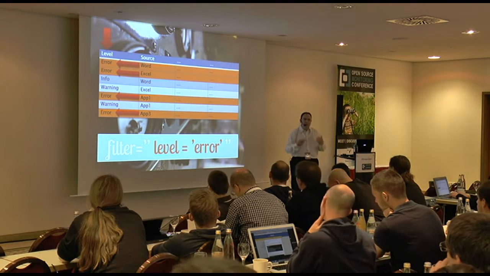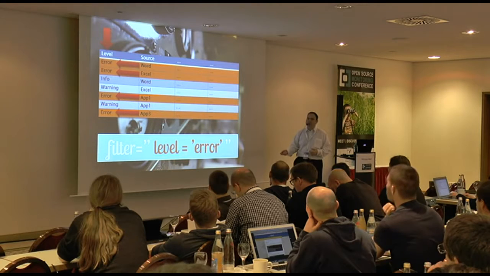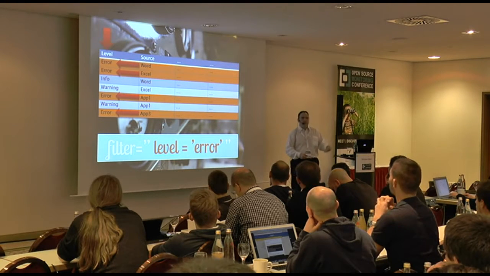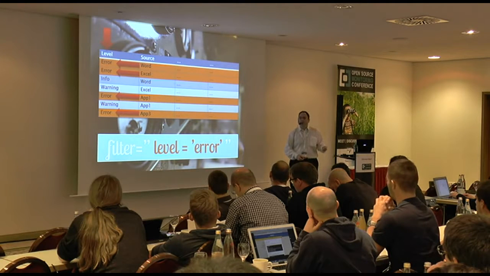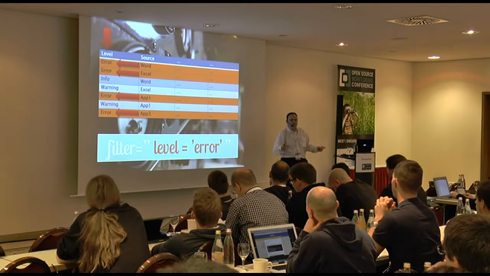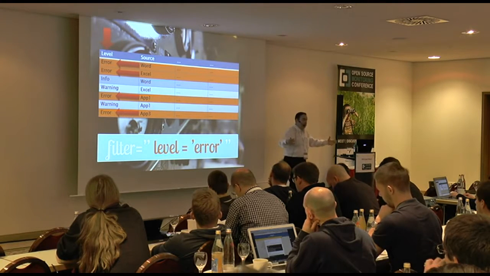And I think even if you went to your grandmother, she would probably understand this, because if you read it, it sort of makes sense. If the level is error, right? That's the idea, because once you have all these nifty options, it's usually a bit difficult once you start doing this in a bigger scenario.